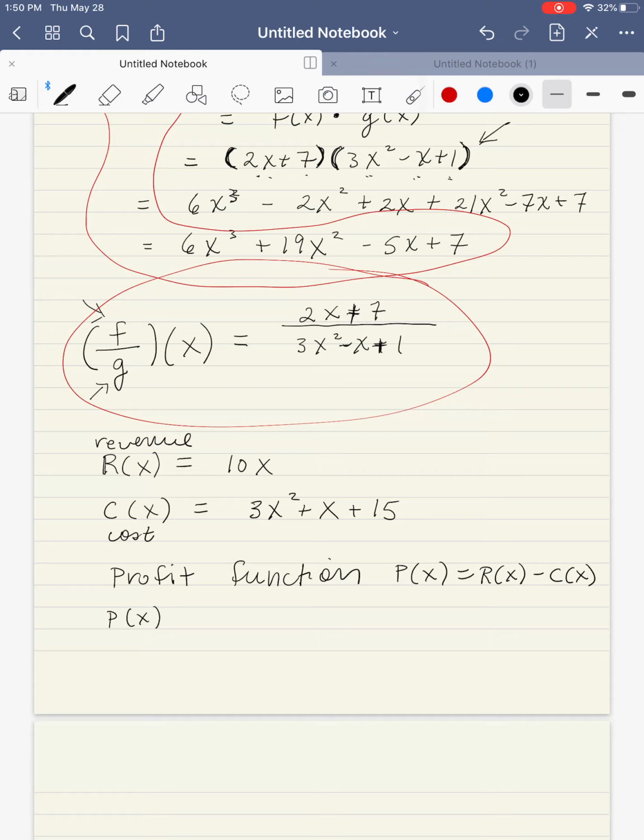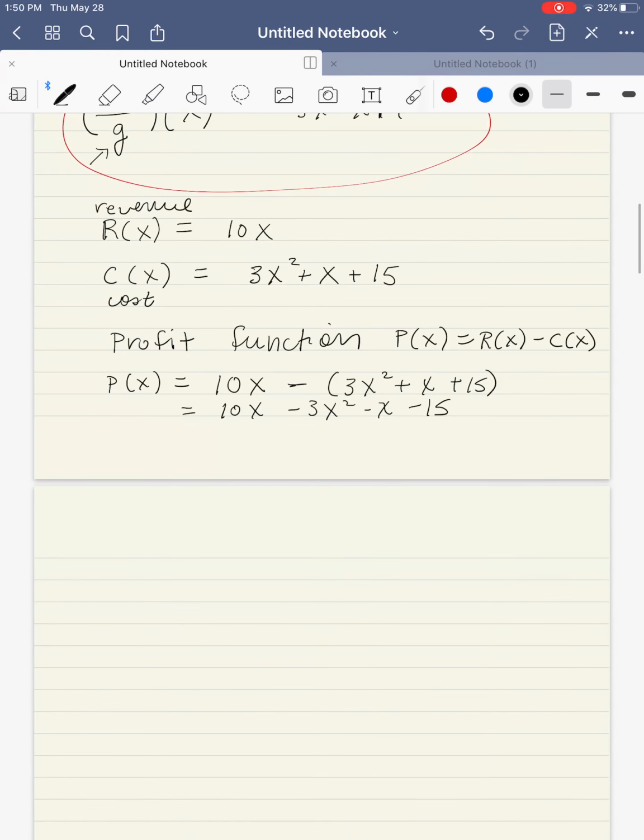So we can find a profit function by subtracting my revenue function, 10x, minus my cost function, distribute my negative, and then combine like terms.